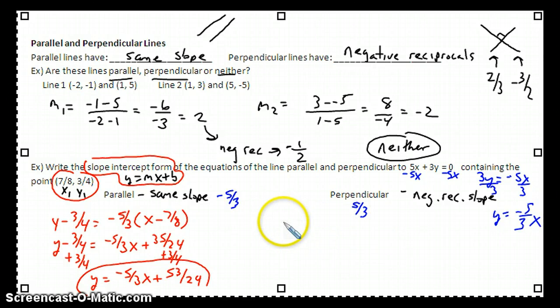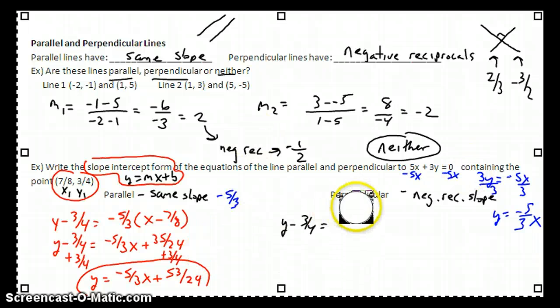So y minus 3/4 equals positive, and actually I just noticed that that's not the negative reciprocal, that's just the negative. My slope actually is going to be 3/5. So I'm glad I caught that. So the negative reciprocal of negative 5/3 is 3/5, not 5/3. So I should be using 3/5 over here times x minus 7/8.